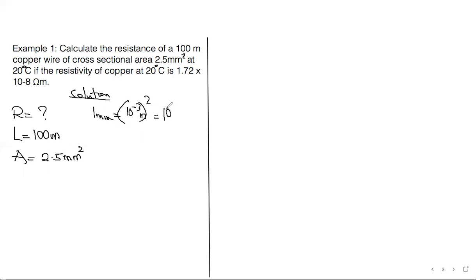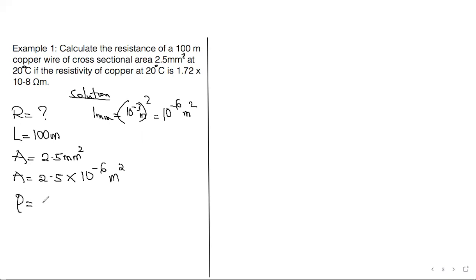So that will give you 10 to the power minus 6 meters squared. So that means the area will be 2.5 times 10 to the power minus 6 meters squared. Okay? So that means we've divided by 1,000 times 1,000. Now we have the area.